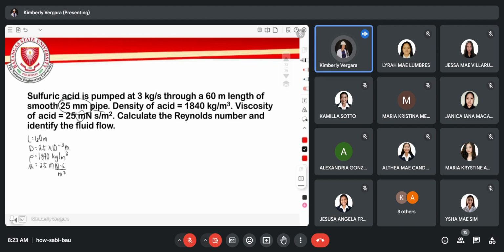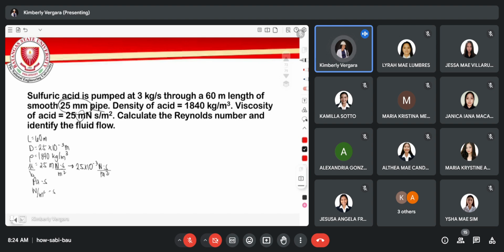So this is equivalent to 25 times 10 raised to negative 3 Newton seconds per meter squared. As I said earlier, our mu is in Pascal seconds, and Pascal is equal to Newton per meter squared second. So this is really viscosity.